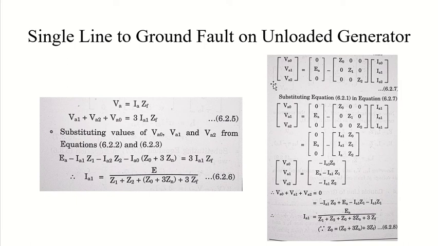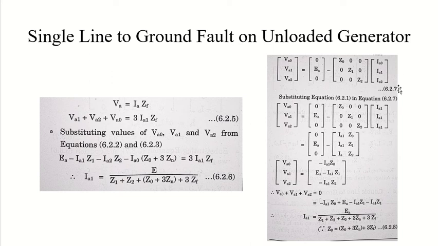So 0 for va0 and va2, and 1 for ea for va1, minus you will take the self impedances z0, z1 and z2, and you will consider all three types of currents: positive, negative and zero sequence, which means ia1, ia2 and ia0, which you can see here.